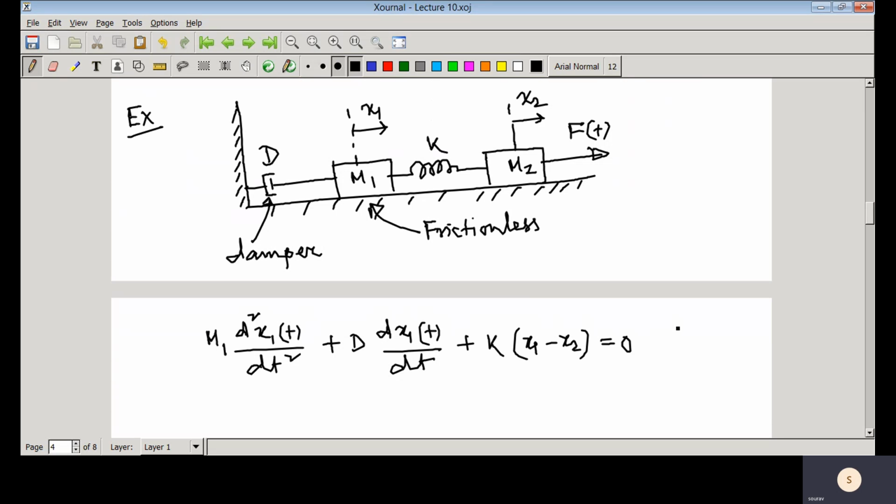So this is the first equation. You can draw the free body diagram, and from there directly you can write it. Then for the other mass, this is the dynamical equation.